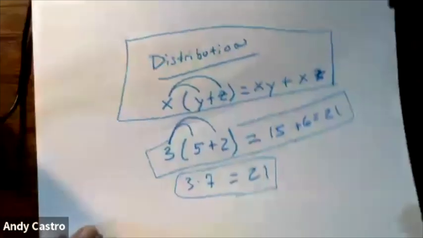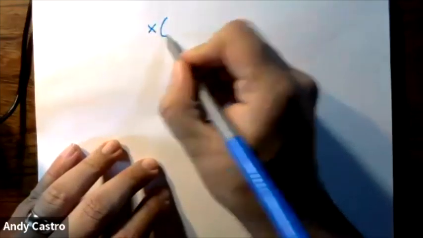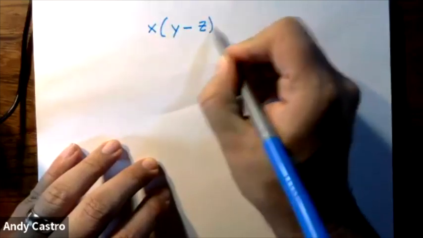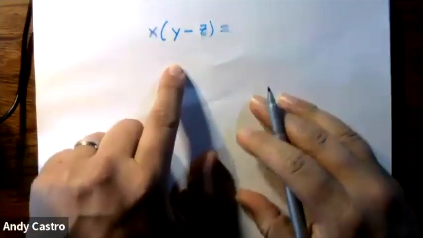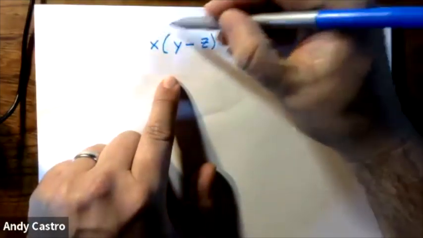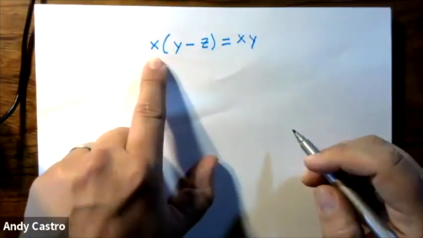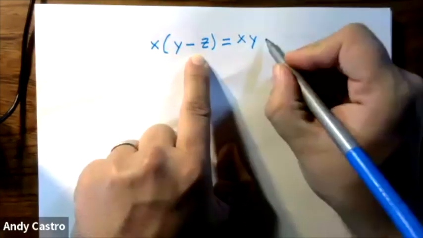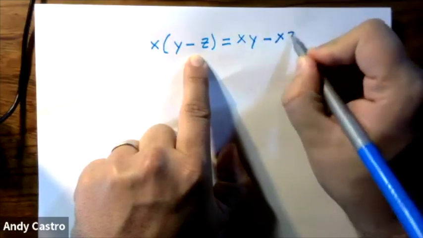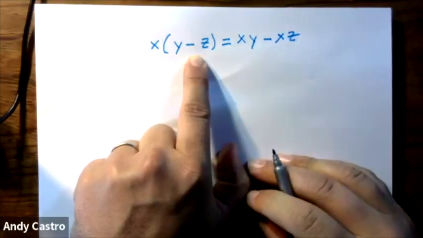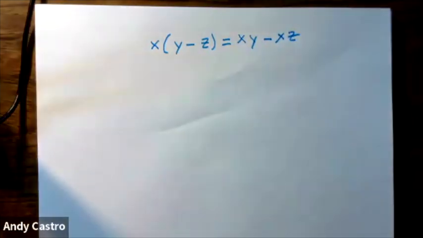And that, of course, applies to subtraction. So if you have subtraction instead of addition, the same thing happens. We distribute the x. We have x times y, then x times negative z, negative xz. Distribution. Any question about that?